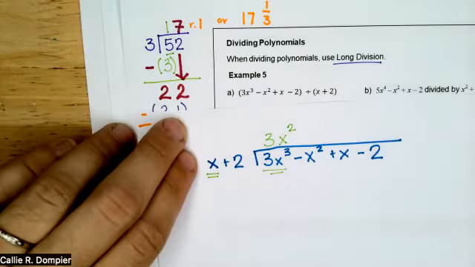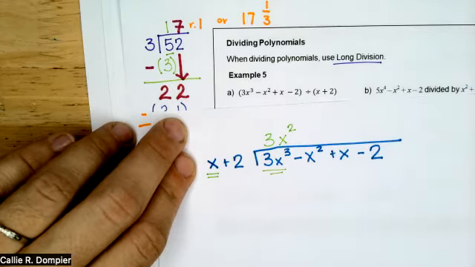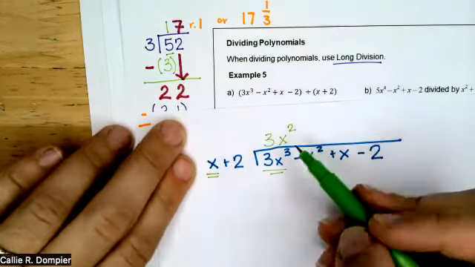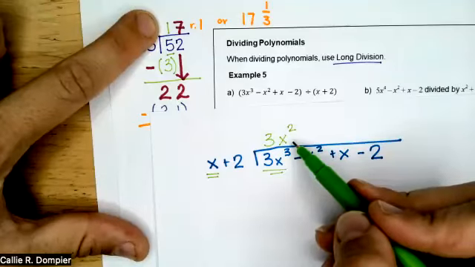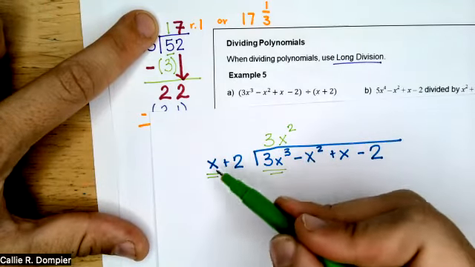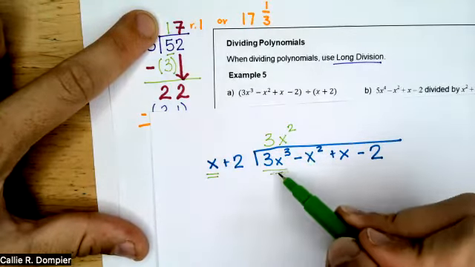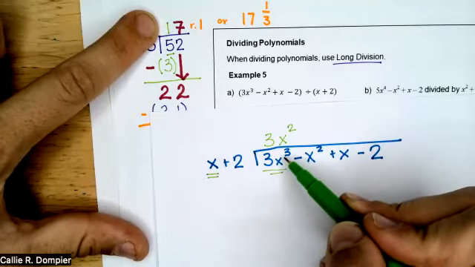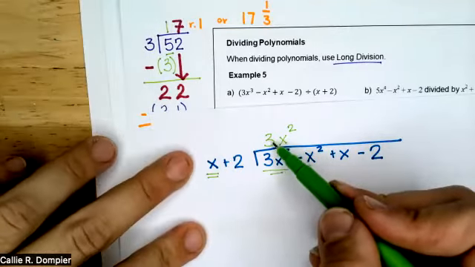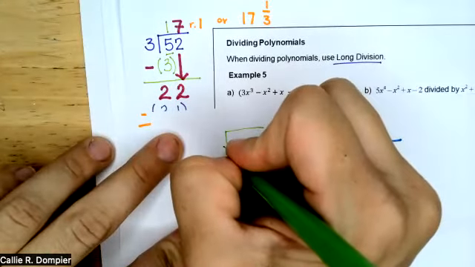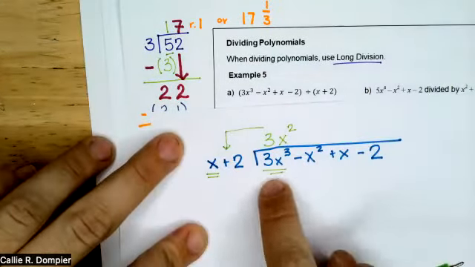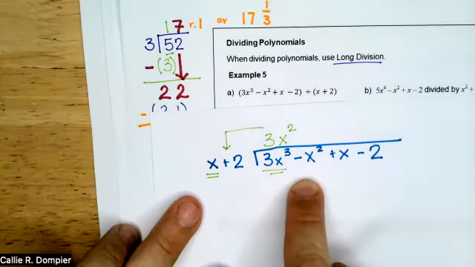True? Okay, so that's how I decided that I'm using 3x squared. Because I said, what do I need to multiply x by to get exactly this term? Good. If I multiply this now by everything and write it right here, that's my first step done.